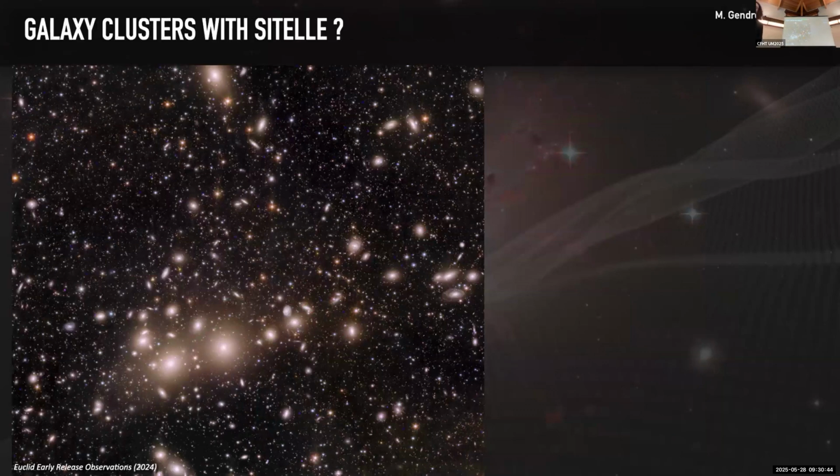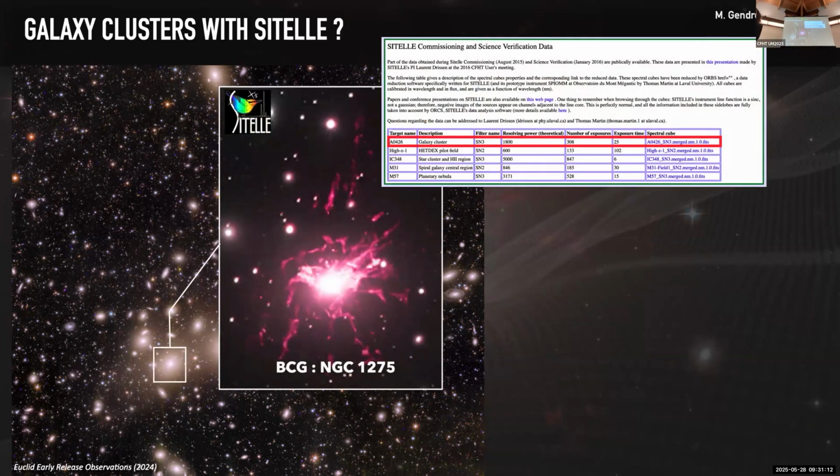So going back to Perseus, during my PhD, I started my PhD in 2014. At that time, SITELLE had just been put on CFHT, taking the first data. And I was studying the Perseus cluster with the VLA, so studying the synchrotron emission, right? And it is during a user meeting of the Observatoire du Mont Mégantic telescope here that I met Laurent Drissen, and he was talking about SITELLE, of course, and he told me that there was a cube of science verification data that had been taken of NGC 1275, the brightest cluster galaxy of this cluster.